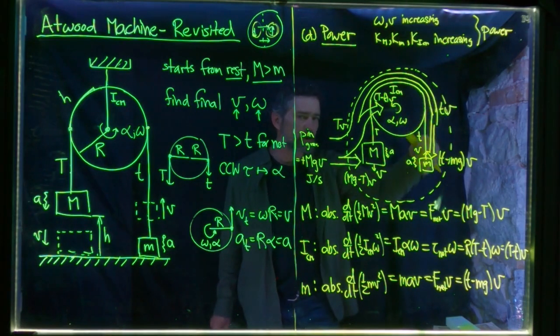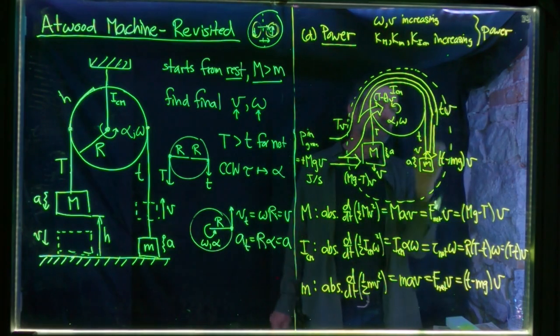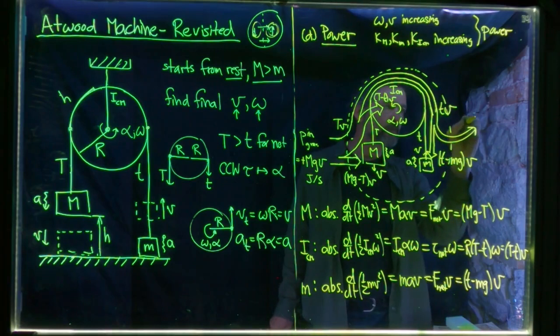Some of it was bled off and goes into changing the kinetic energy of little m. And so this minus this is the amount that can't be absorbed, which is dumped back out into the gravitational field. So little T v minus this expression is positive little mg times v.